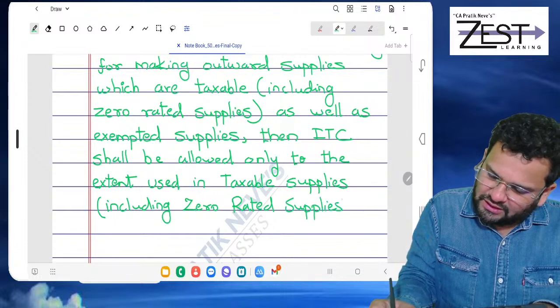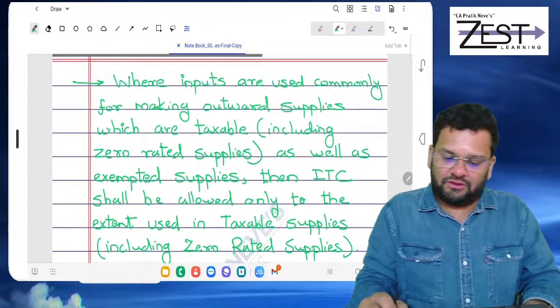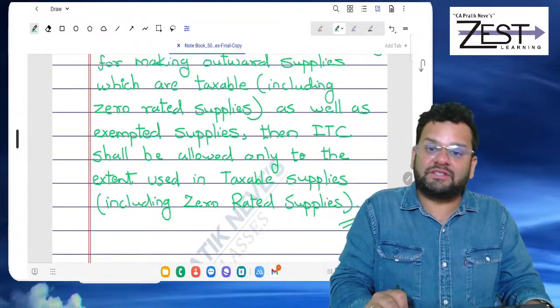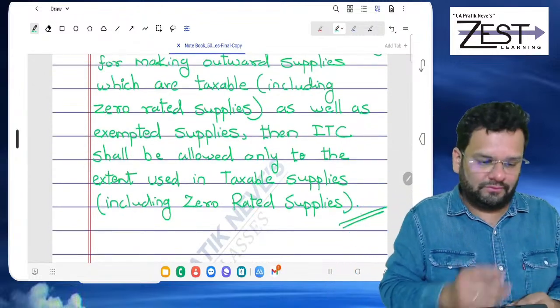Did you understand the logic and the provision of both 17.1 and 17.2?